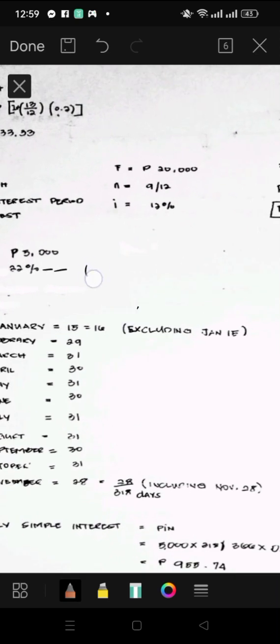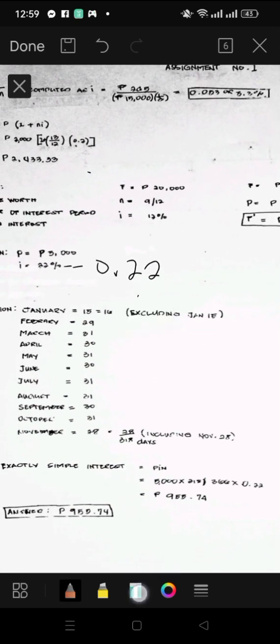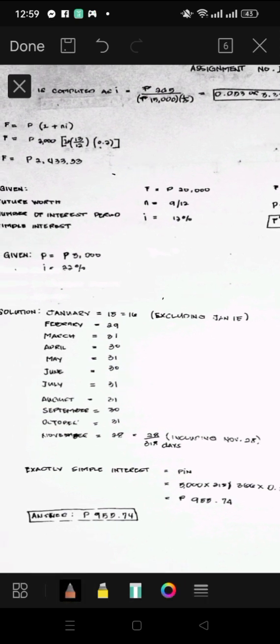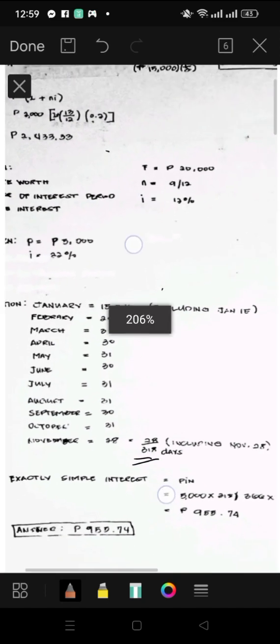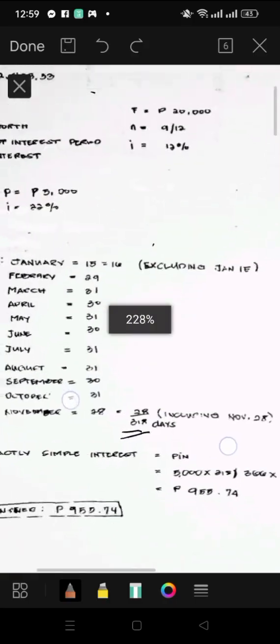P is equal to 5,000 and I is equal to 22%, in decimal or 0.22. So n is equal to the number of days.